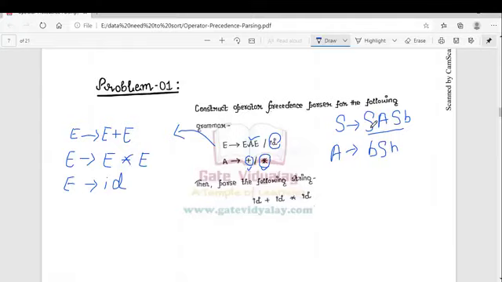So this grammar is not an operator precedence grammar. So can I convert this grammar into an operator precedence grammar?